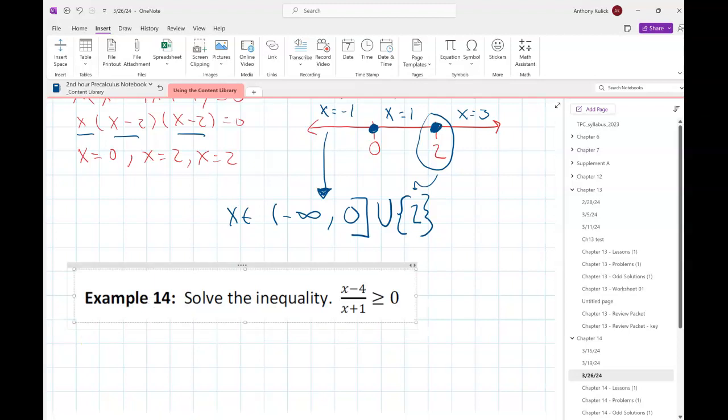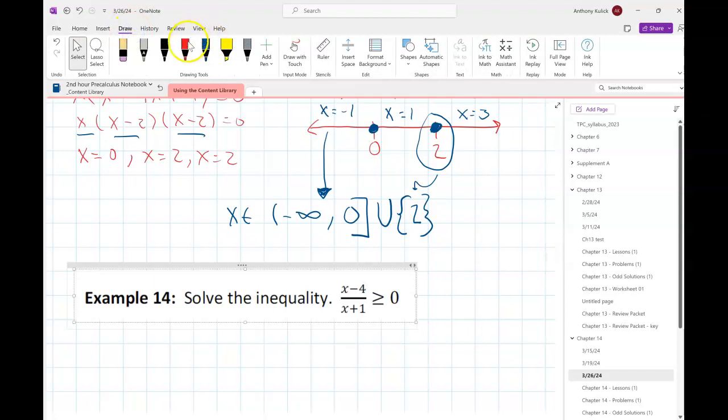So what's different about this problem than the previous ones? It's a fraction. It's a rational function, right? Rational functions can be undefined, and they can equal 0. So we're interested in 2 things, right? When is a rational function undefined?